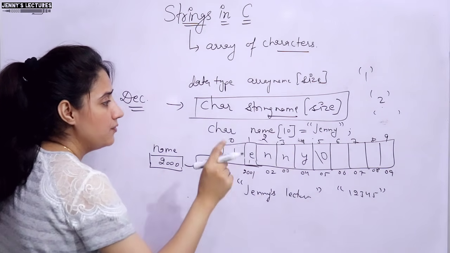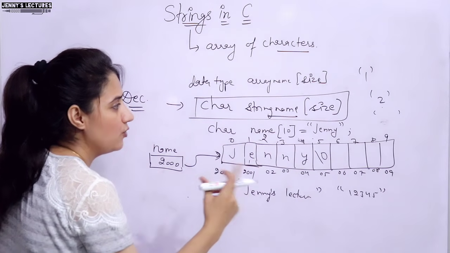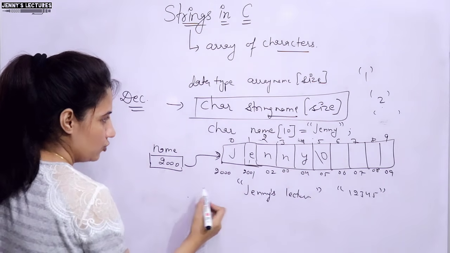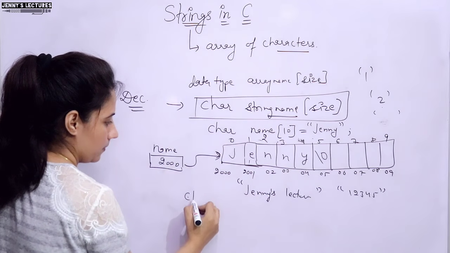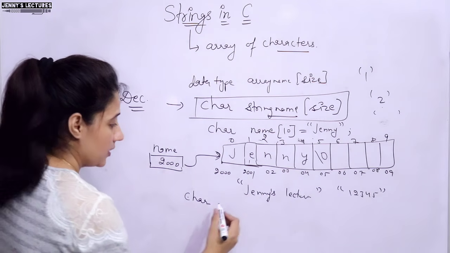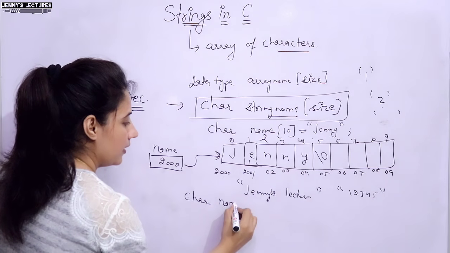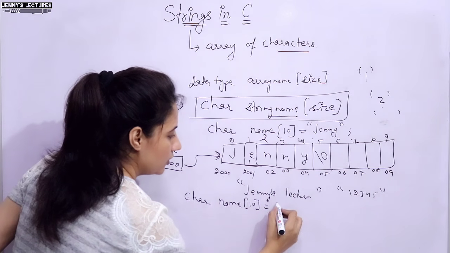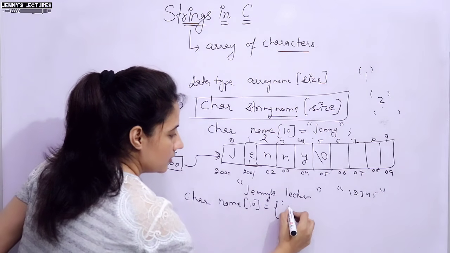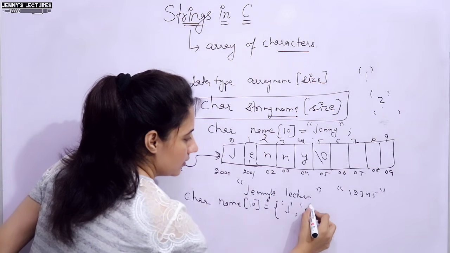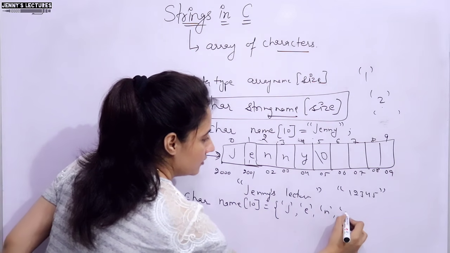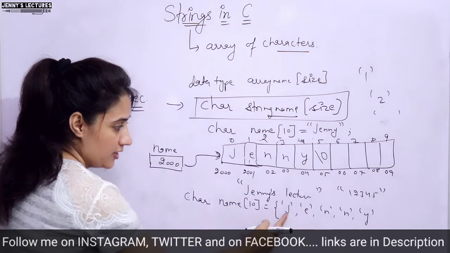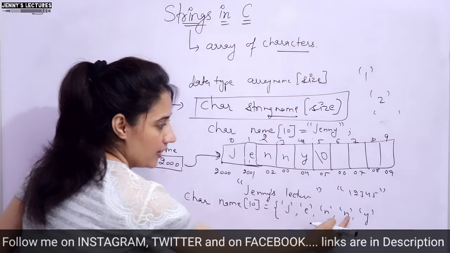And the second way of initializing a string is what? One way is this, the second way is you can also write something like this. I hope you can see this. char name, and suppose I take 10 here. So how can you initialize? J, E, N, N, Y in character form. J is an individual character, all are individual characters.